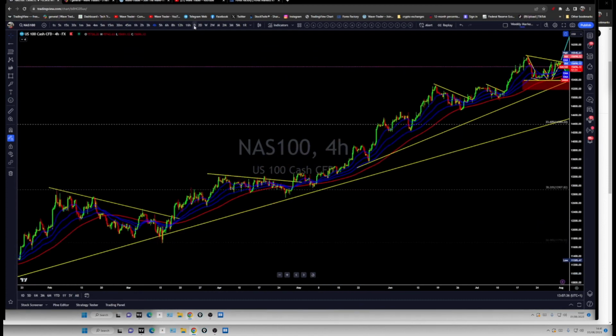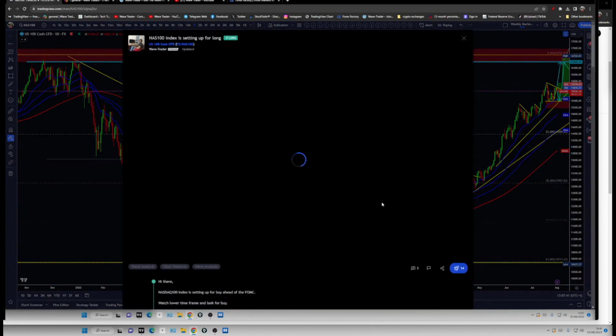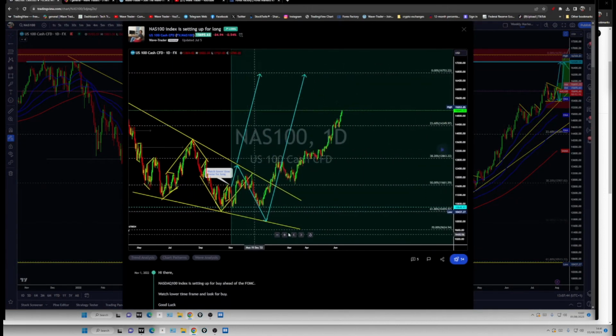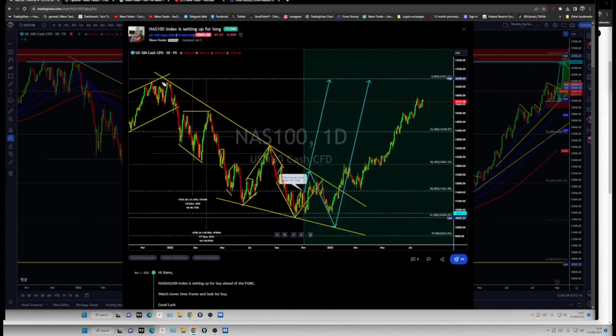So the bigger picture is still the same. In this picture, we are expecting this to tag that all-time high. This hasn't changed yet, and we are still far away. So what is happening at this area on the 4-hour time frame? It's building a trending move, like the way it has done within these areas.